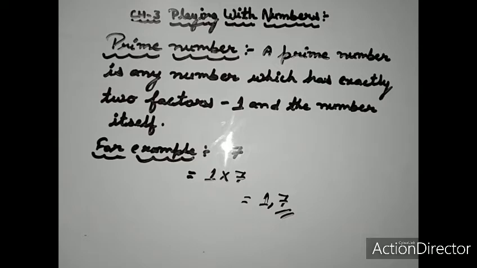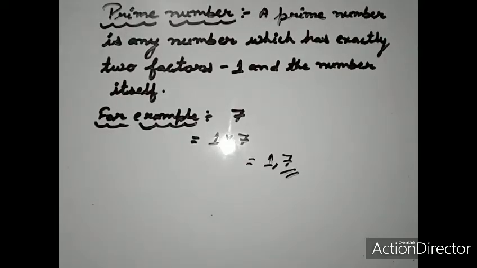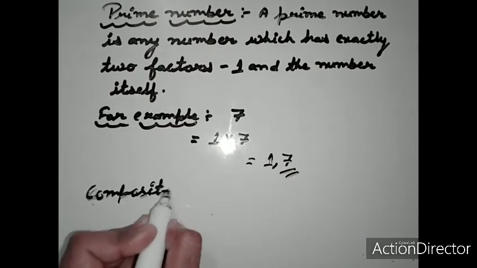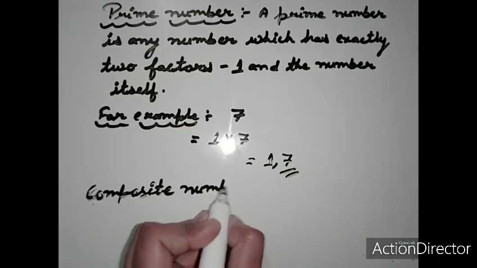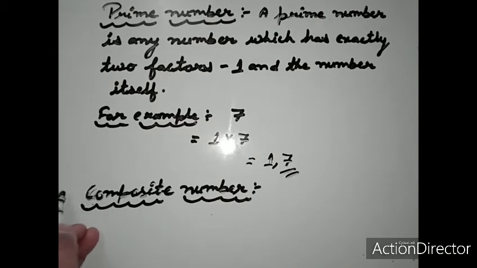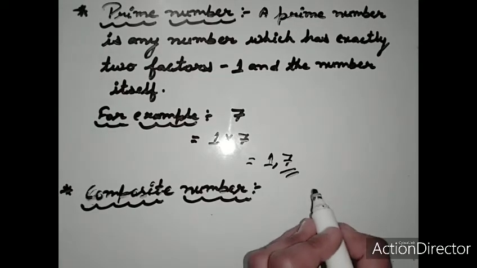Now the next number is composite number. What are the composite numbers? So dear students, we already learned about prime and composite numbers in the previous class 5, so here we discuss composite numbers again. What are the composite numbers?